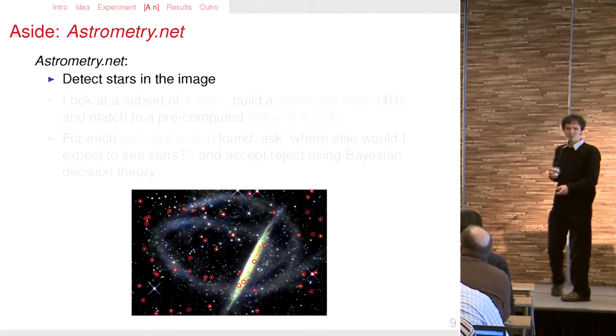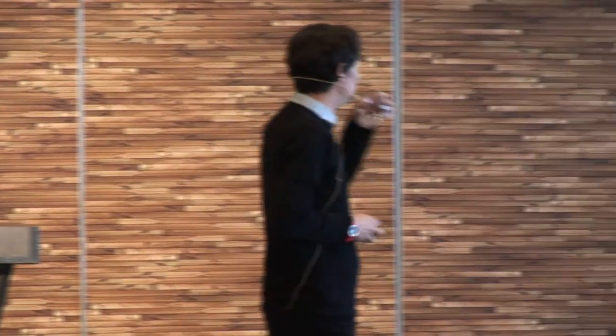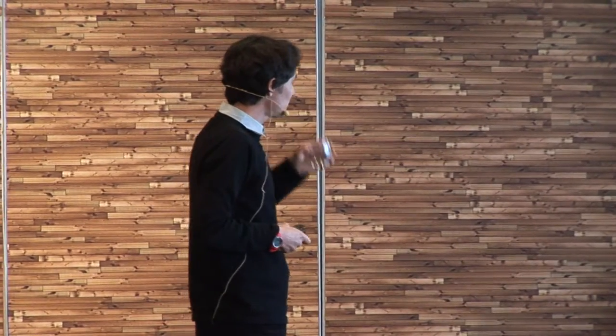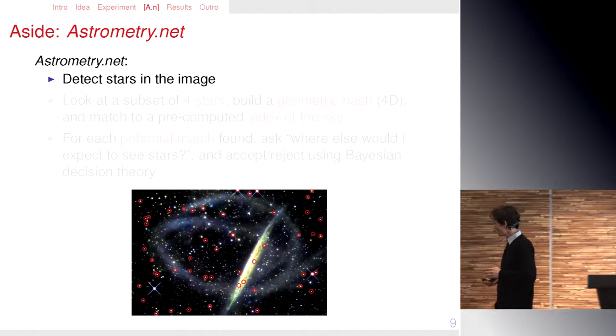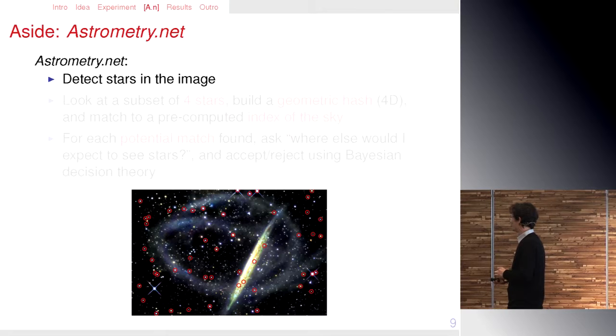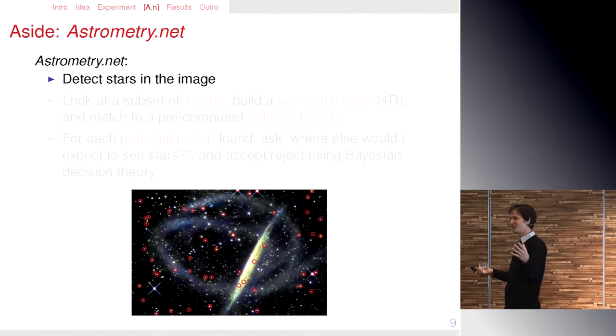Okay, and then I'll take an aside for one slide and tell you about this astrometry.net system. This is often what people are actually interested in when they see the poster. You can think of this as the problem of: we give you an image and we tell you where it is on the sky.